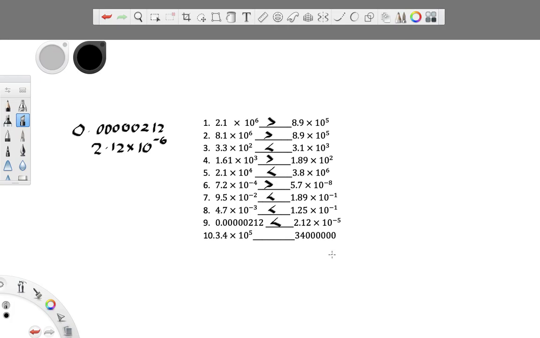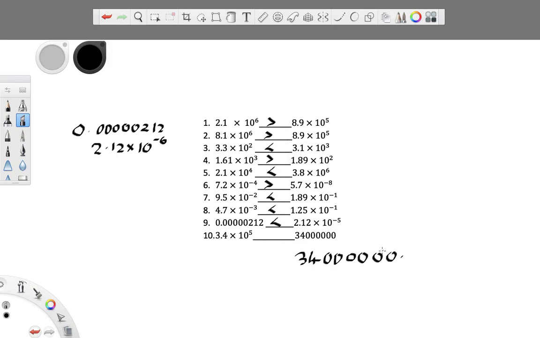And similarly for this last example, we've got 3.4 times 10 to the 5, and then this hideous looking number. So again, we've got to put this into standard form. So it's 34, and then there was 1, 2, 3, 4, 5, 6 zeros. That's 3, and that's 6 zeros. So putting this into standard form, the decimal point will be here.